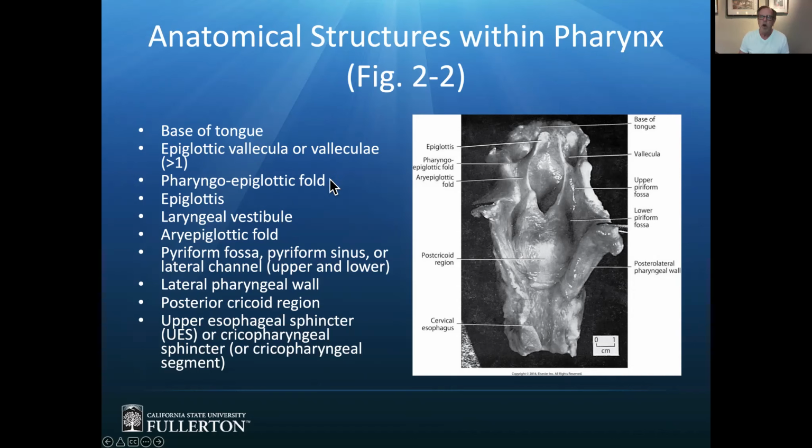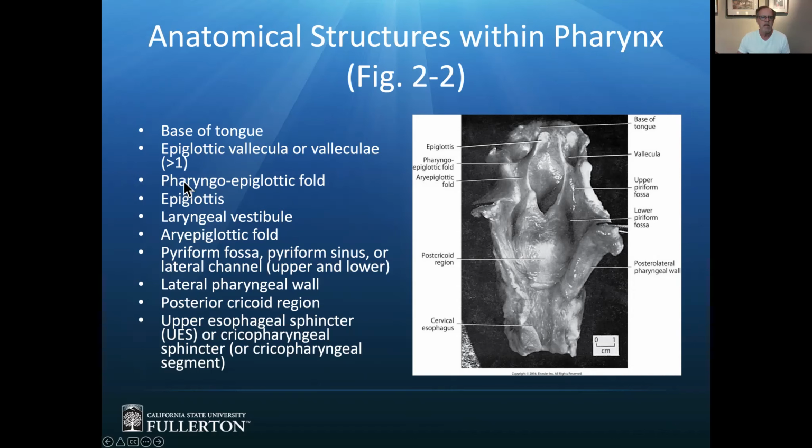As far as I know, and I'm not very certain of this, I'm not aware of another region in the body where you have something called a vallecula, although there might be, but as SLPs, oftentimes we use the term vallecula because we don't even know about any other valleculae.